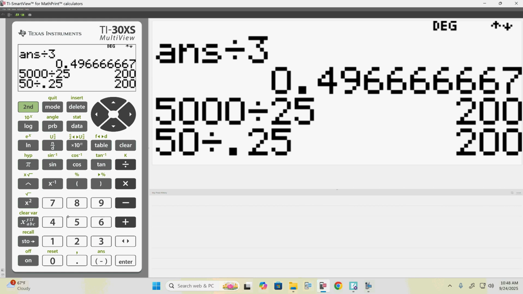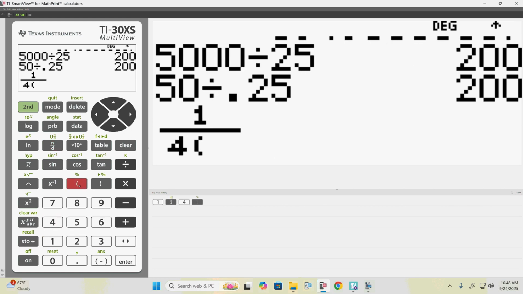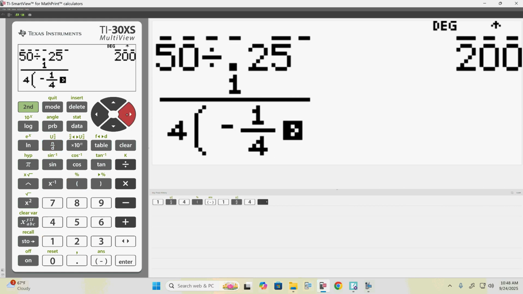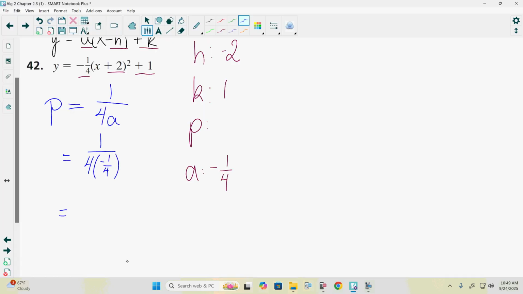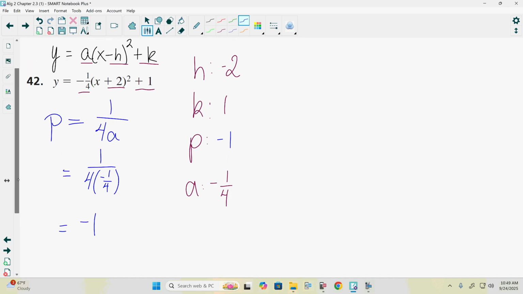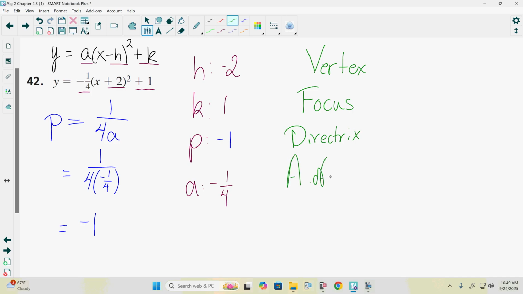We can say 1/4 parentheses negative 1/4 and see that the value is negative 1. Questions on how we found h, k, p, or a?